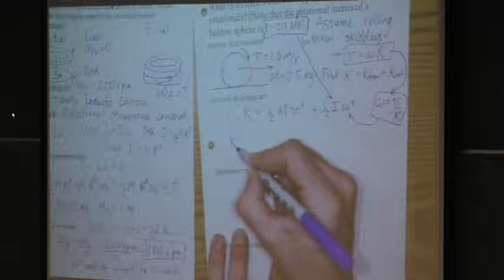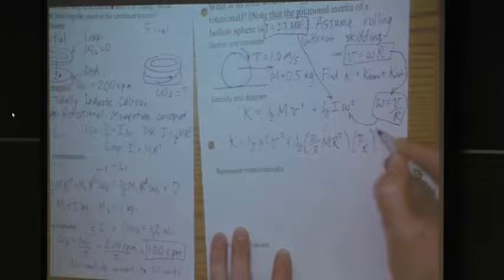So I'm going to sub that in here. So K is equal to, we'll keep the 1/2 m v squared, plus 1/2 times 2/3 times m r squared times v over r all squared.